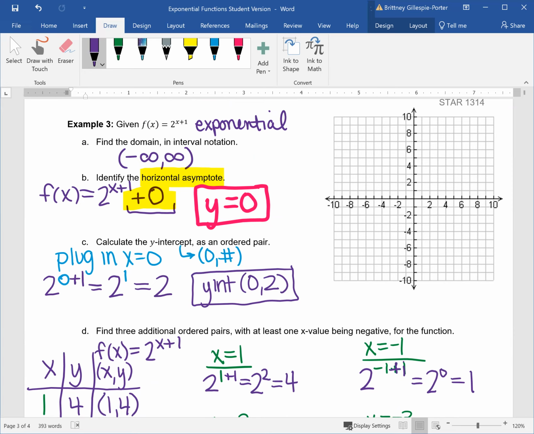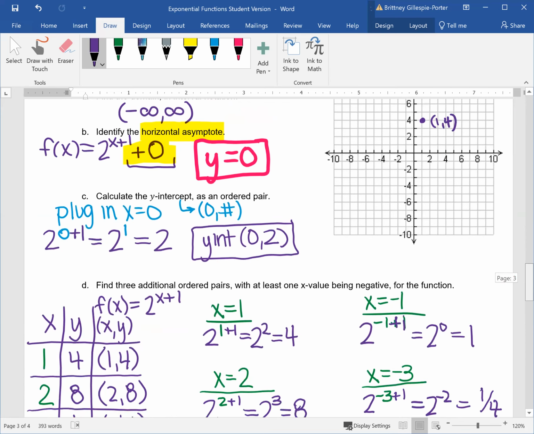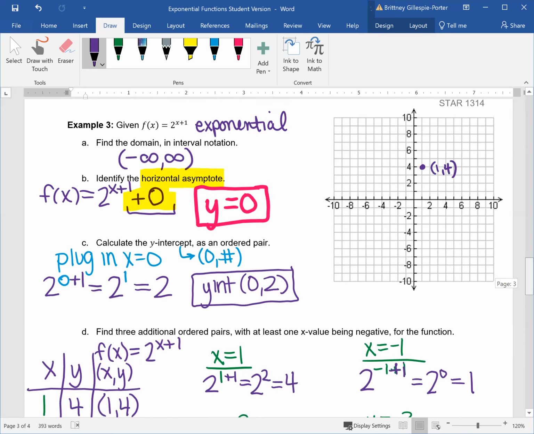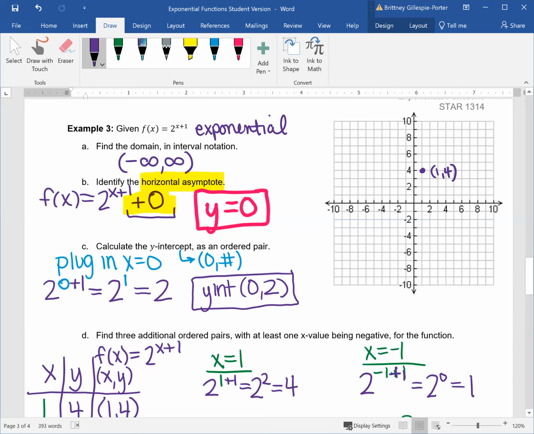We have the point 1, 4, so 1 to the right, 4 up. That's the ordered pair 1, 4. We have our ordered pair 2, 8. So over 2, up 8. We have our y-intercept that I skipped because it wasn't in the chart, which was 0, 2.